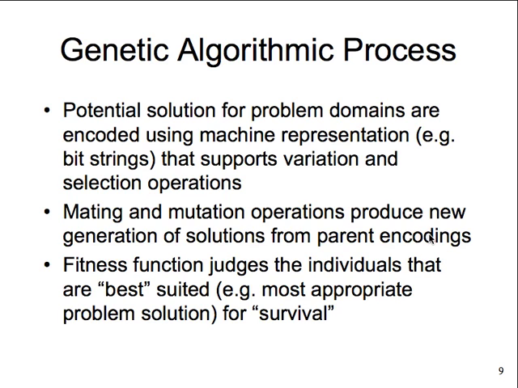So here's the process to find a potential solution to the problem. Potential solutions for problem domains are encoded by using machine representation, bit streams. Take all the numbers of all the distances and measure them out, write them out in a bit stream, and then take the bit stream and translate it, which is what you're going to do if you're looking at gene types and data associated with a string of genes.